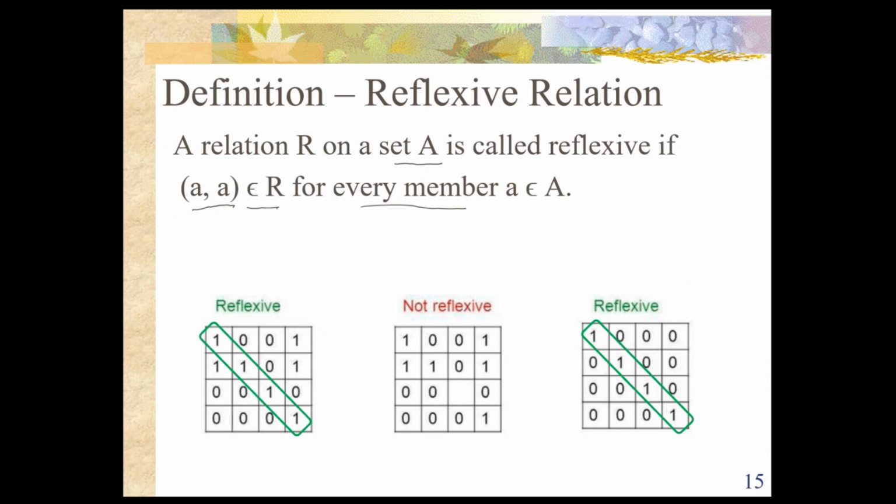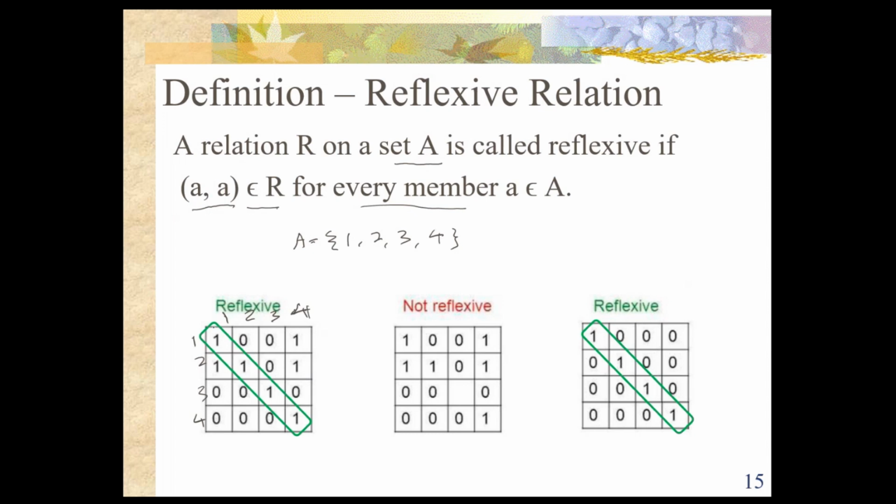So here we are looking at whether there is a relationship between similar elements of the same set. Let's say set A has elements 1, 2, 3, 4. If we put it on the matrix, it will be 1, 2, 3, 4, and then on the columns, also 1, 2, 3, 4.